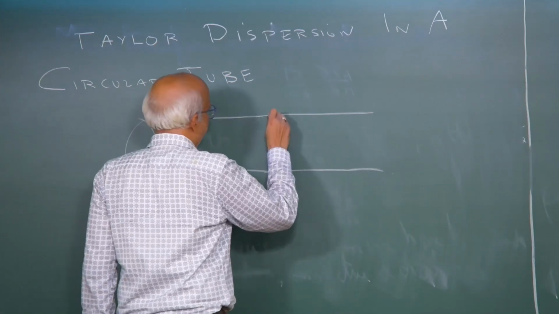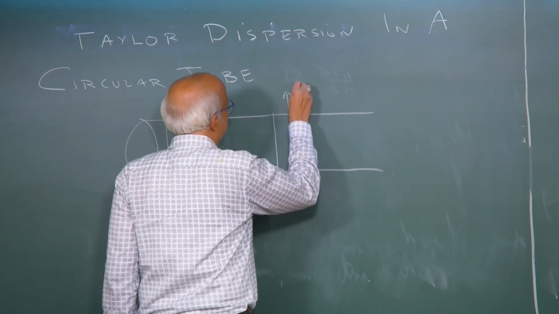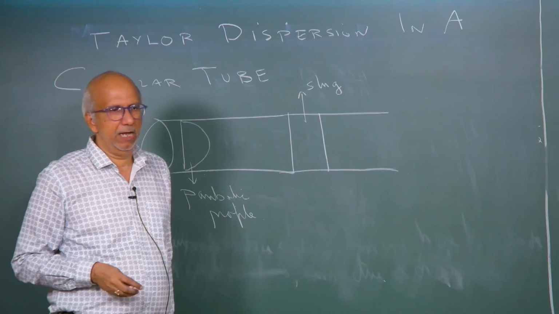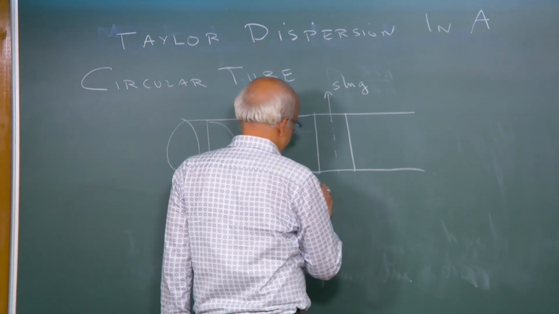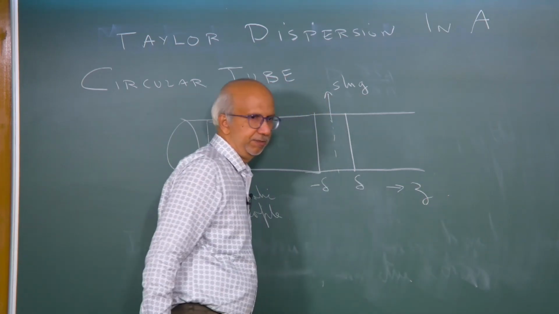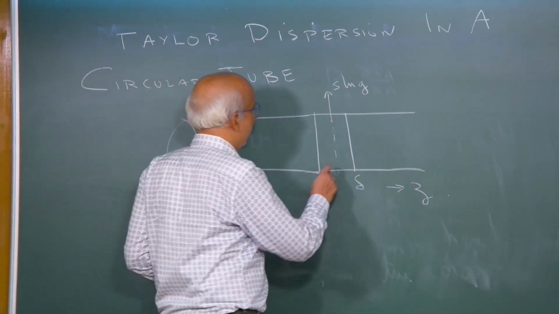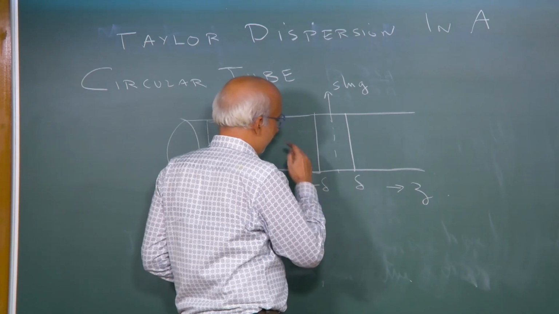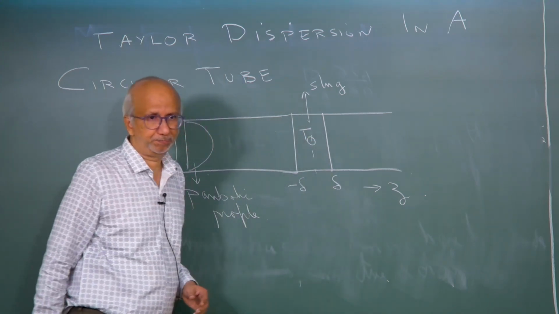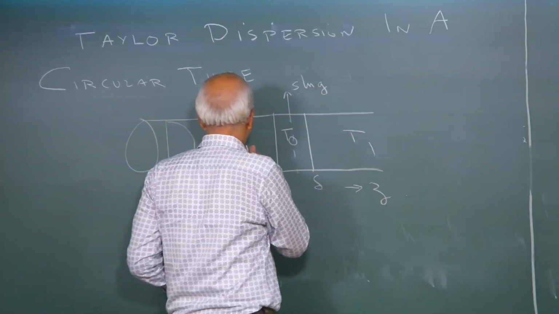What I am going to do is have a slug, a chunk of fluid, which I am saying exists from minus delta to plus delta. This is, let us say, the Z axis, cylindrical, so r, theta, z axis. In this slug, in this small region, my temperature is T0. Outside, my temperature is T1, okay.